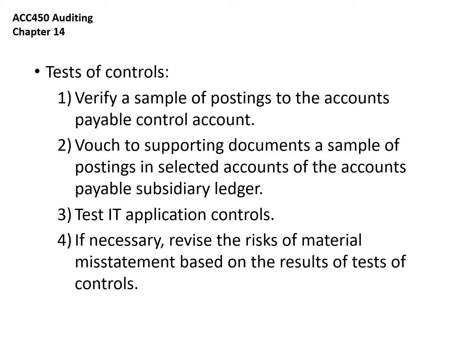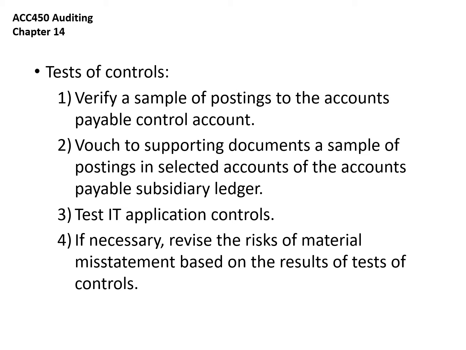So first of all, test of controls. Again, this is with respect to making sure that internal controls have actually been implemented according to their design. So we're going to verify a sample of postings to the control account, make sure that they've gone through the proper channels, meaning the proper modules within their accounting system to get to the control account.